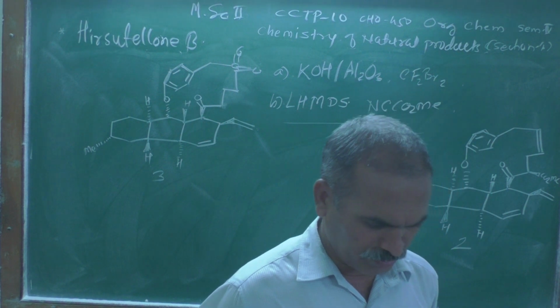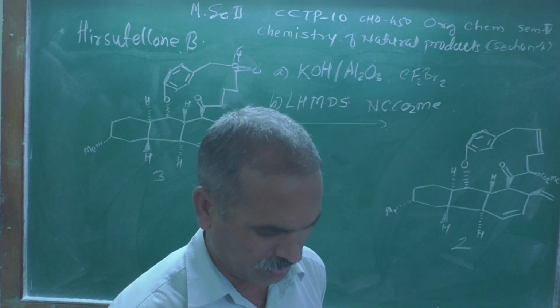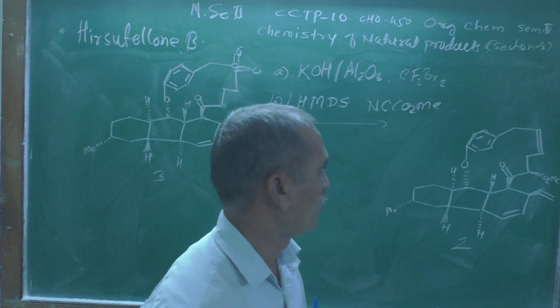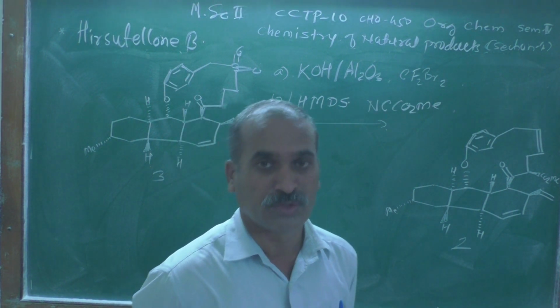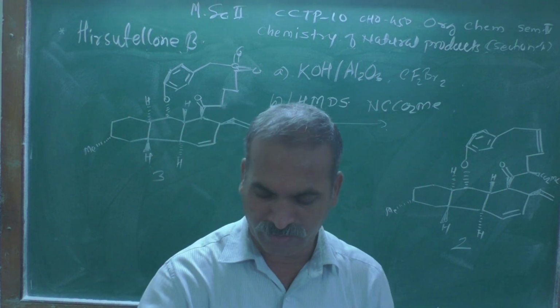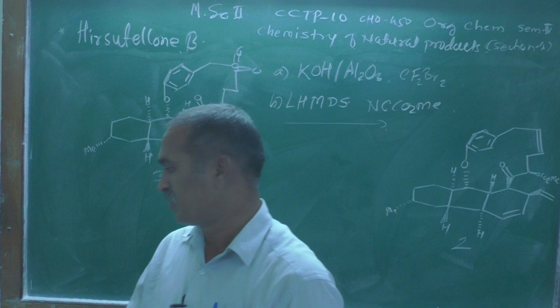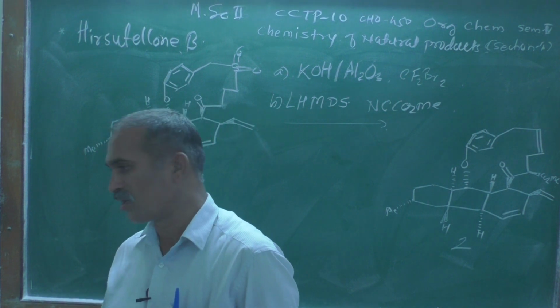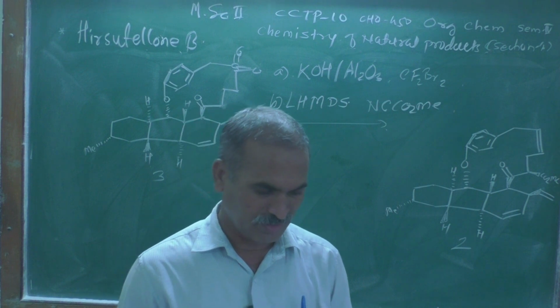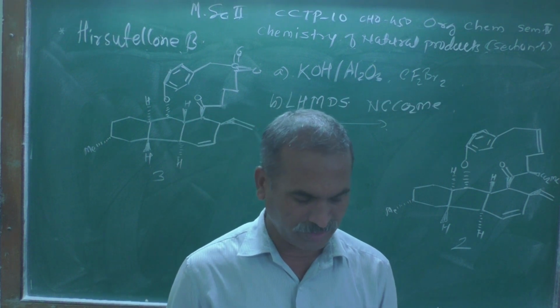CO2Me is introduced over there, and this is the structure number 2 which we got. That is, we can do the functional group interconversion. Functional group interconversion means one functional group is converted into another so that the disconnection becomes possible. So that is the meaning of that.